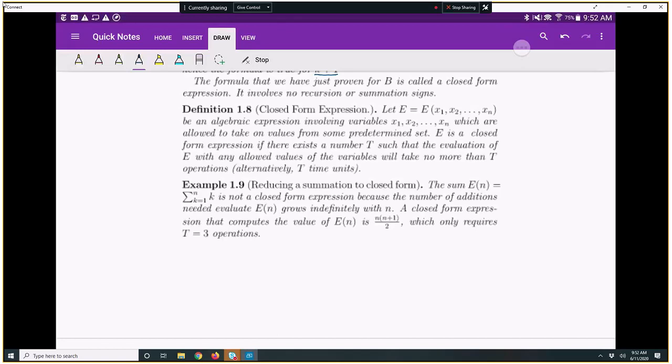So a closed form expression would be n times n plus 1 over 2, which only requires 3 operations: addition, multiplication, then division. And this is a perfectly valid formula for adding up the first n many natural numbers. That sum is going to be equal to n times n plus 1 over 2.